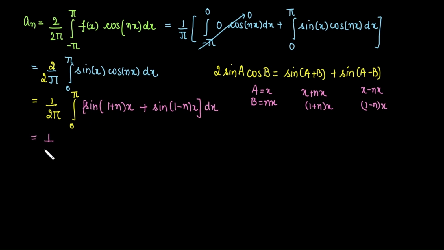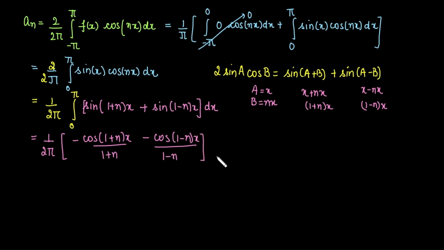Integration of sine is minus cos. So in this case, the integration of this term is minus cos of 1 plus n into x divided by 1 plus n. And here integration is minus cos of 1 minus n into x divided by the coefficient of x, that is 1 minus n. Limits are 0 to pi.